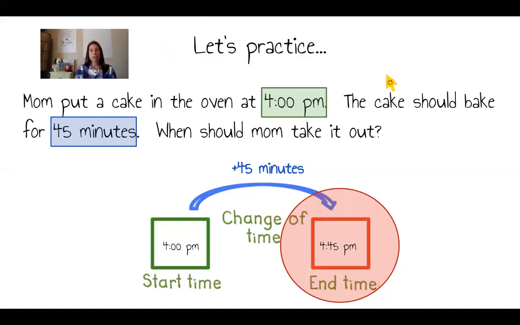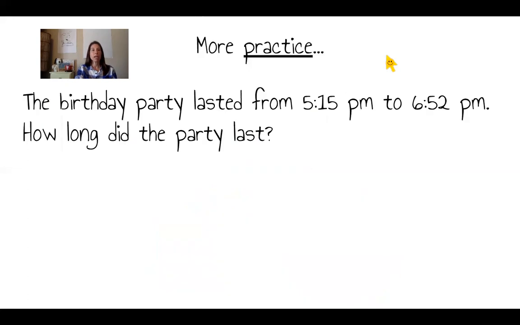Okay, ready for some more practice? Here we go. Okay, the birthday party lasted from 5:15 p.m. to 6:52 p.m. How long did the party last? Okay, so they're not all as easy as the cake baking story problem that we just did.